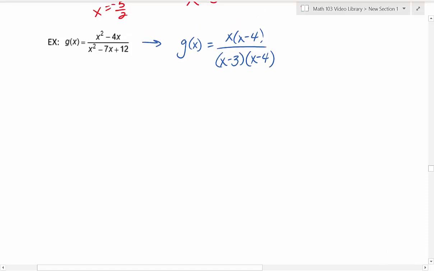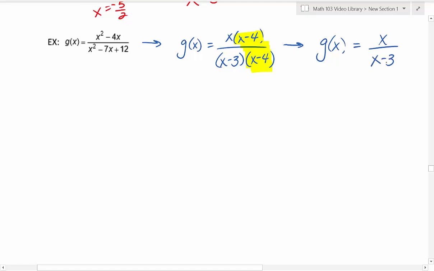Next, we look for a common factor. In this example, we do have a common factor. We want to simplify the rational function by canceling that common factor. So we're left with g of x equals x over x minus 3.